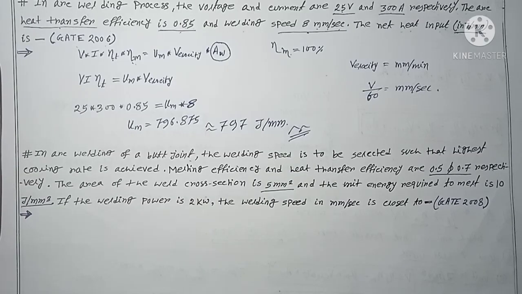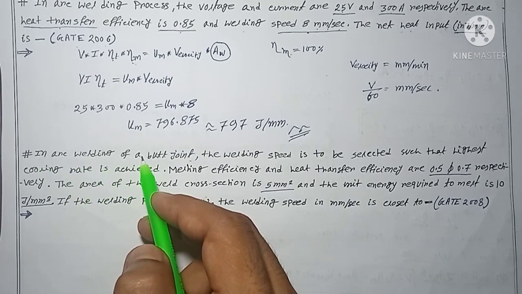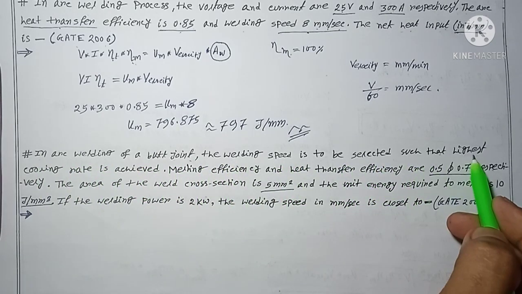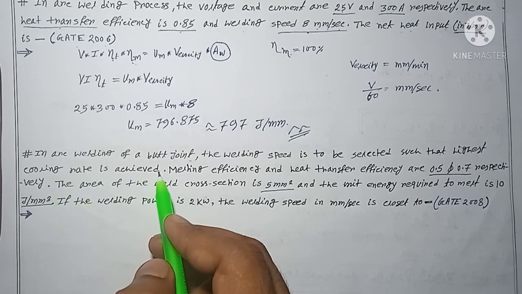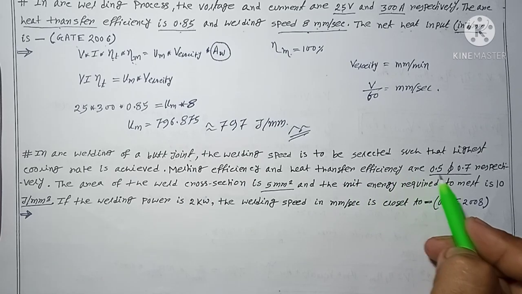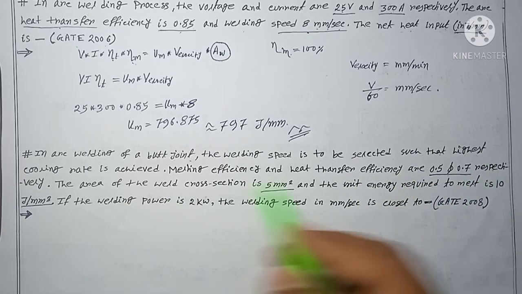Let's solve the next one. In arc welding of a butt joint, the welding speed is to be selected such that the highest cooling rate is achieved. Melting efficiency and heat transfer efficiency are 0.5 and 0.7 respectively.